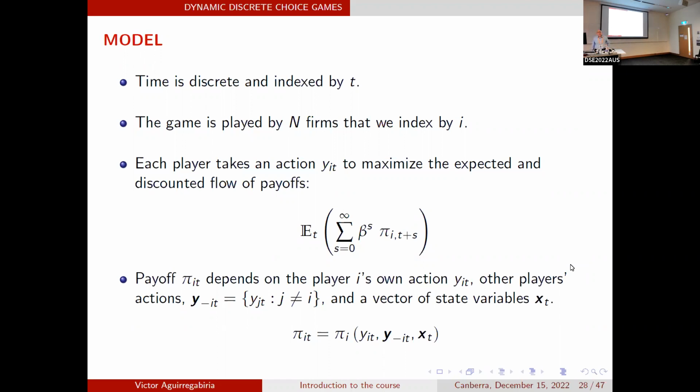Then let me start by providing some general features of the type of models of dynamic discrete choice games that we consider. That is a relatively straightforward extension of the single agent models to the case of games.